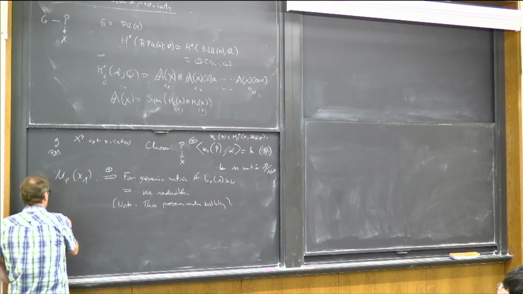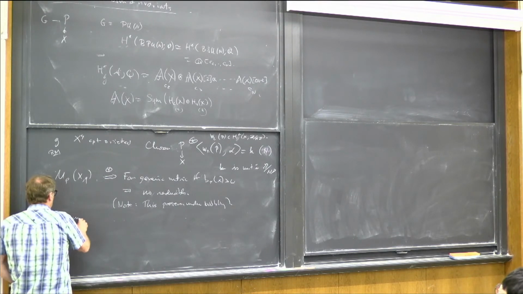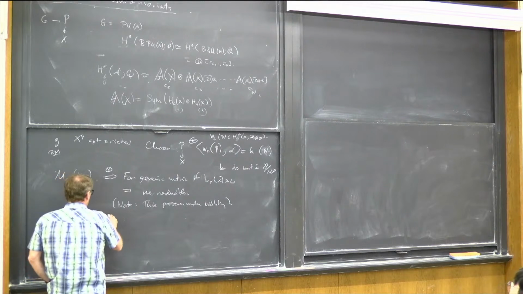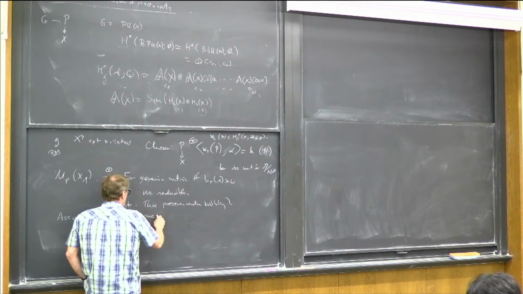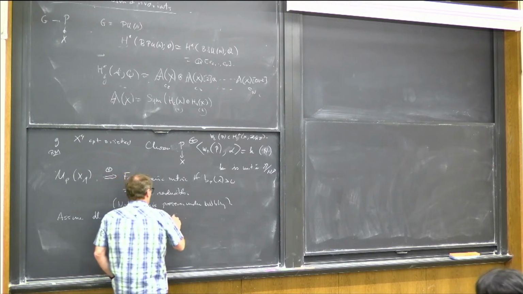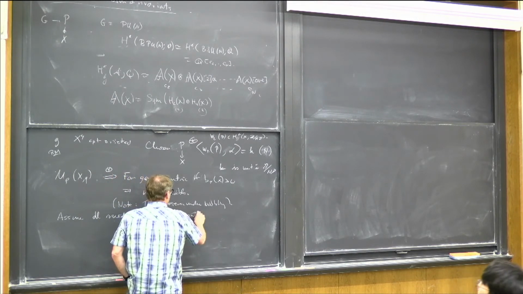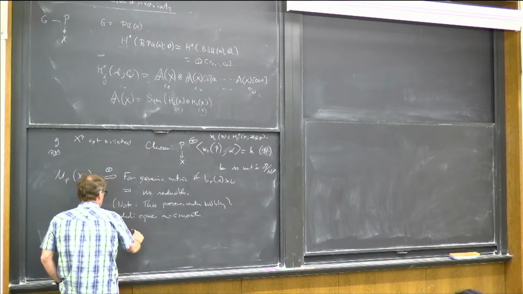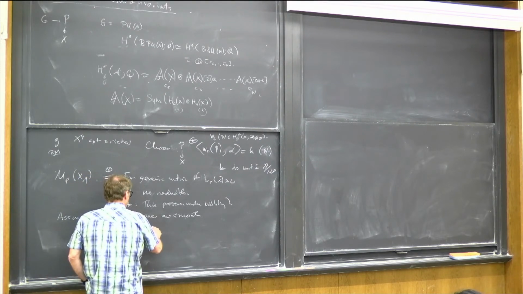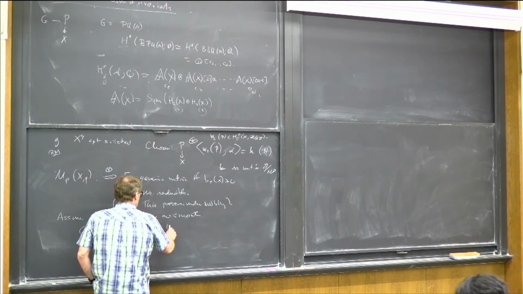slight lie, but we're going to assume that all moduli spaces are smooth. So for n equals 2, that follows from the generic metrics theorem of Uhlenbeck.